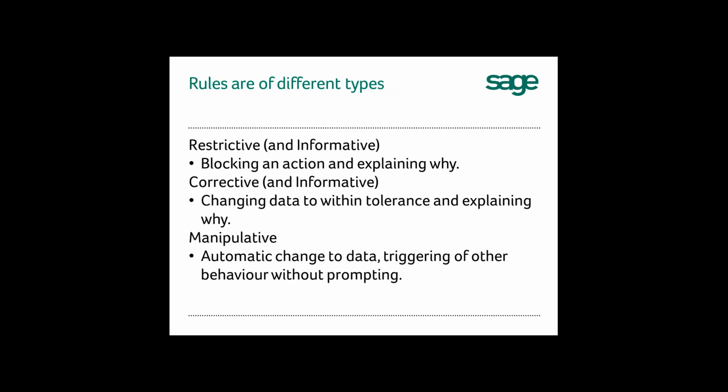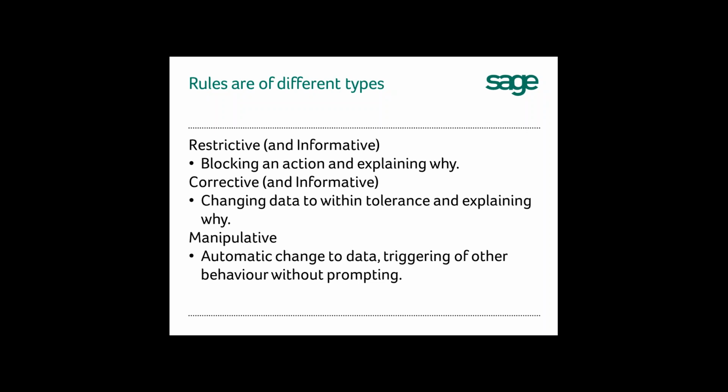So corrective rules don't necessarily have to have any overt notification of the user, but their job is to change data so that it's within tolerance, and if you're working with an informative rule, it might explain why the change has taken place.